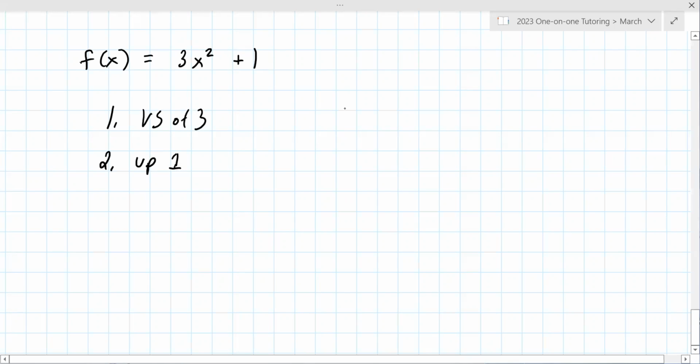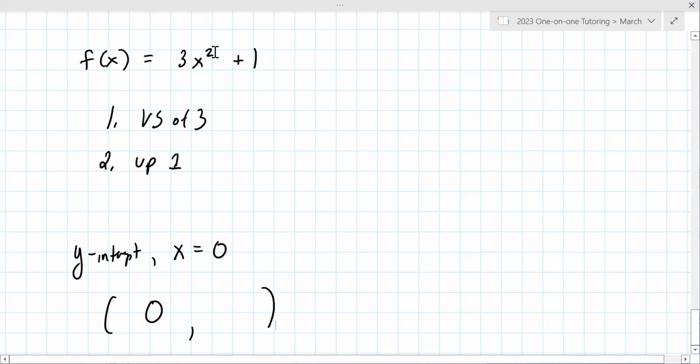Okay, good. Now let's do the y-intercept. The y-intercept is when x equals 0. Can you give me the coordinates of the y-intercept? 0 and -3. Try again.